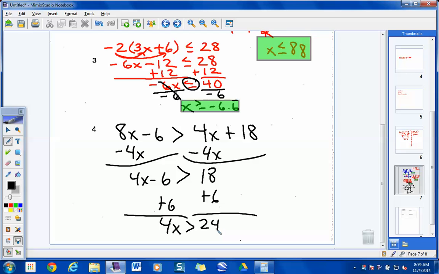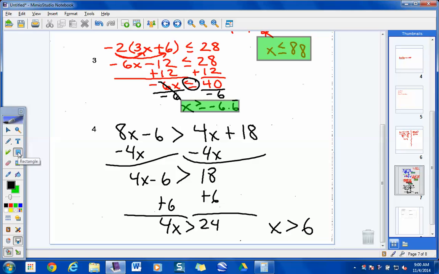When you're at 4x is greater than 24, what are you going to divide by now? 4. Sign going to switch or stay the same? Stay the same. You're dividing by a positive. So what's my final solution going to look like when you divide both sides by 4? You have to have a variable, a sign, and a value. x is greater than 6 as a solution. Very good.